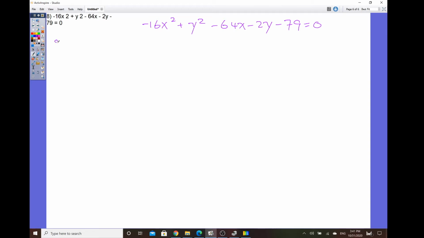Okay, so step 1. Once again, isolate the constant term, and then regroup. It looks like for this one we need to start with y squared first, because you always start with the positive, highest quadratic term.